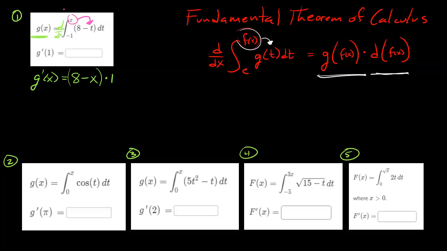I was taking the derivative of what I plugged in. I wasn't taking the derivative of that function. So if I was taking the derivative of 8 minus x, it would be negative 1. I was taking the derivative of what was plugged in. So g prime of 1 would be 8 minus 1, which is 7.